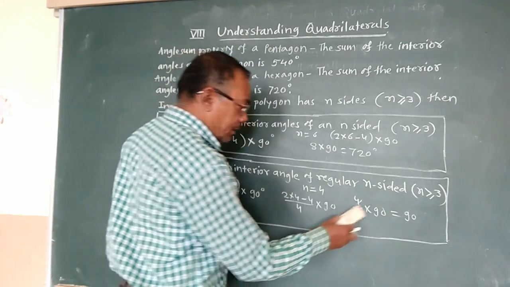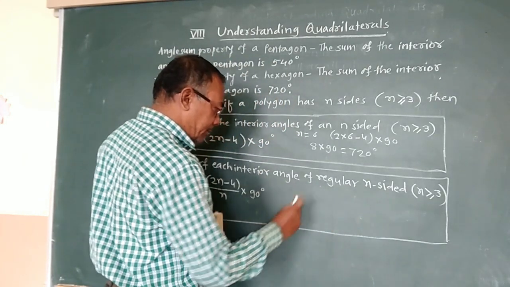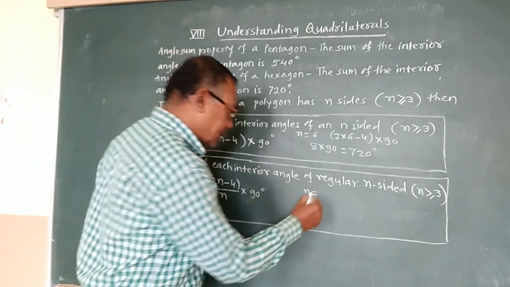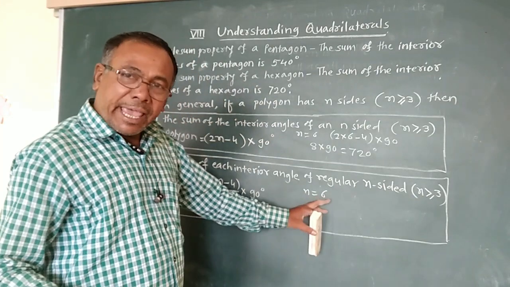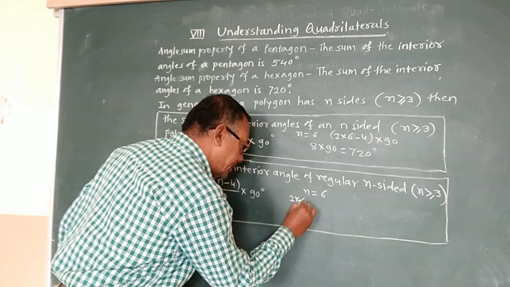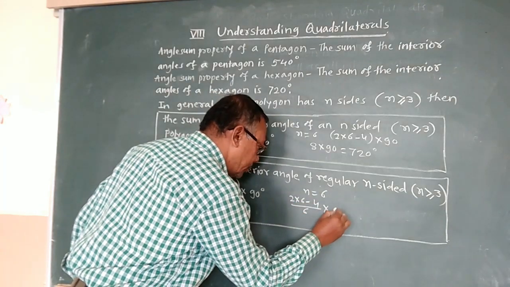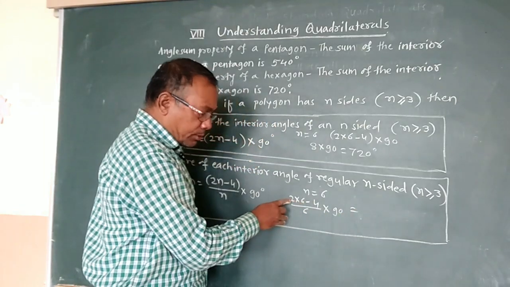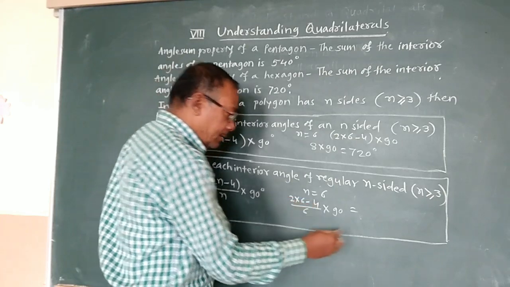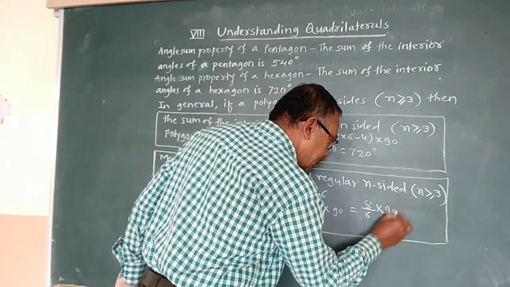Now if we consider another value of n, for example n is equal to 6, which means a hexagon, then (2 into 6 minus 4) divided by 6 into 90. 2 sixes are 12, minus 4 it will be 8, so 8 upon 6 into 90.